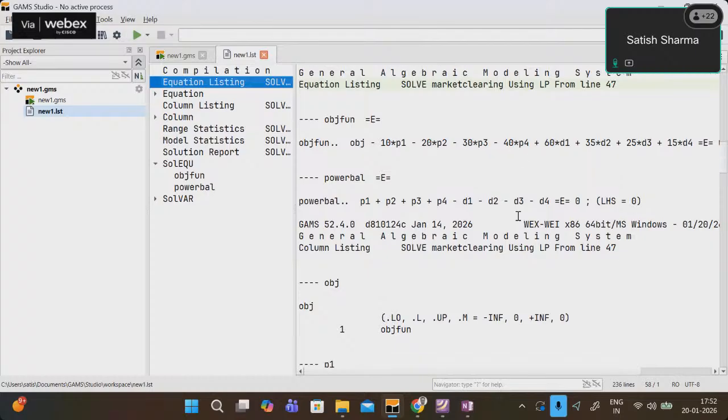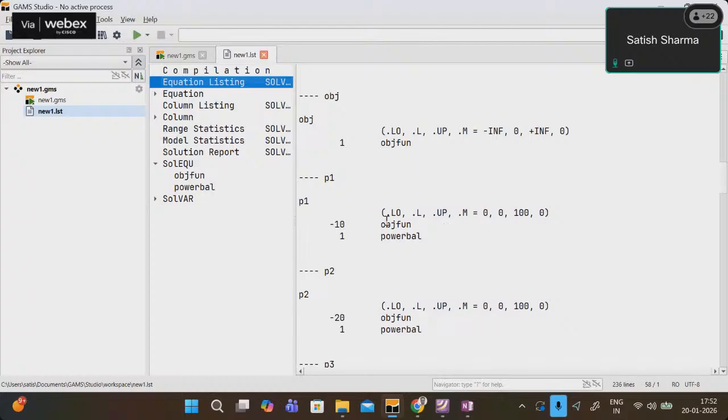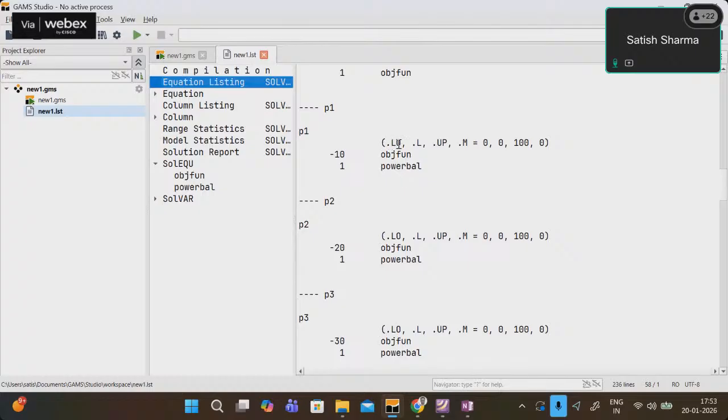Now the equation has been read. We already read the equation, then it will solve these. Okay, so it has been solving them, and different values are there. You can see what is the lower value of p1, what is the actual level of p1, what is the upper value of p1, and what is the marginal value of p1.